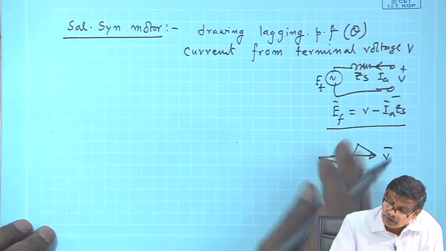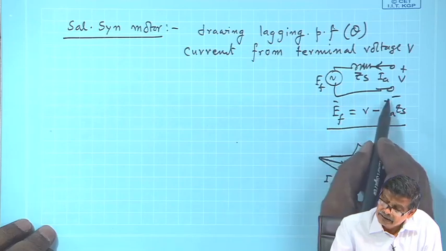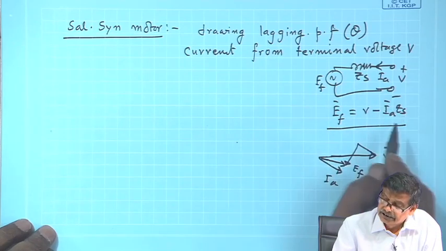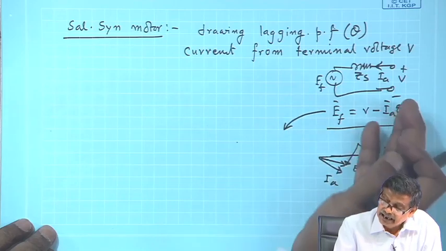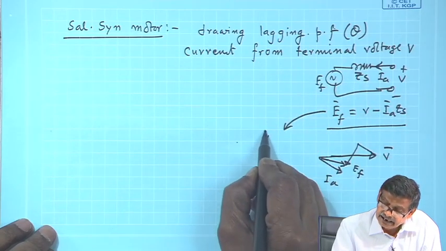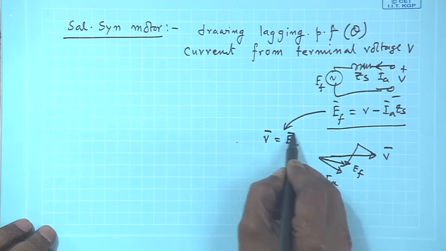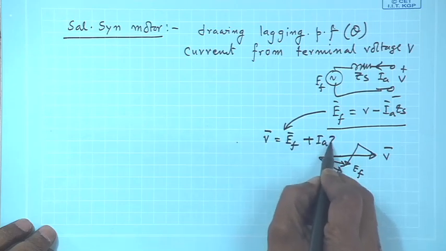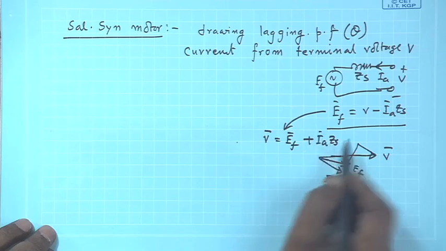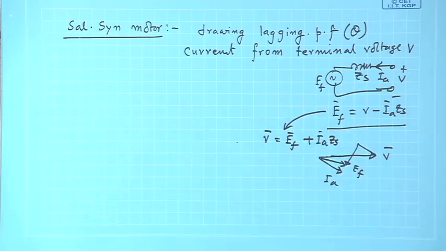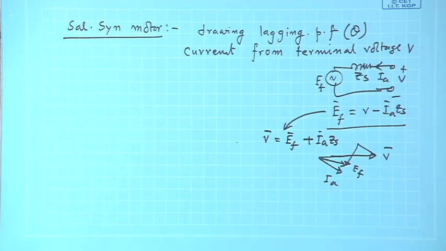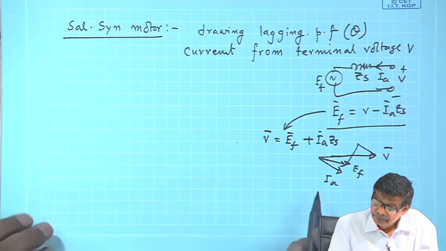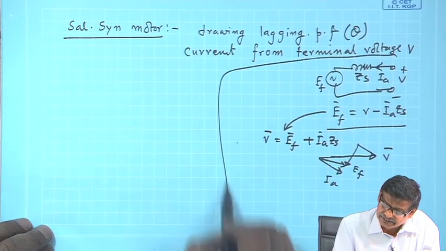But you could also draw the phasor diagram with the same equation, I A Z S you bring there and say that V is equal to E f plus I A Z s. Try to get this point, the same equation I am doing. Then to draw this phasor diagram, you start with E f. This discussion is for the cylindrical machine.